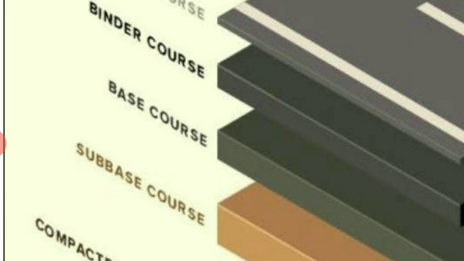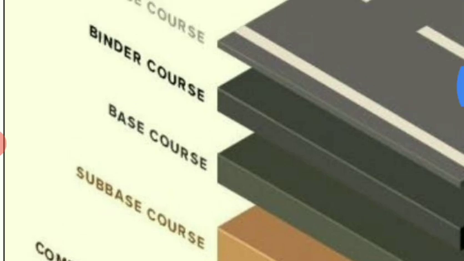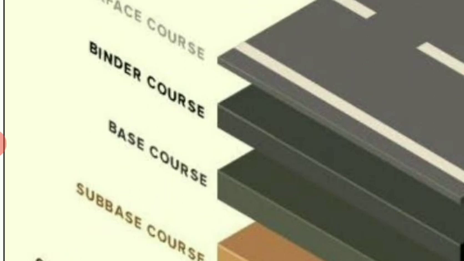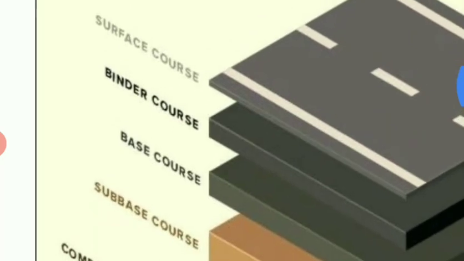So here, asphalt is nothing but what? It is a mixture of aggregate, binder and filler, and it is used for constructing and maintaining roads. So if the road has to be constructed or maintained, they are going to remove the surface course and then strengthen these two layers, that is the binder course as well as the base course.